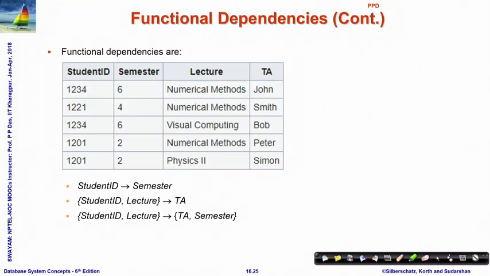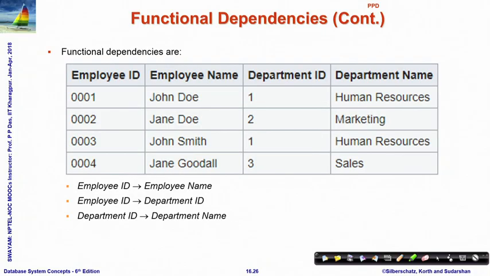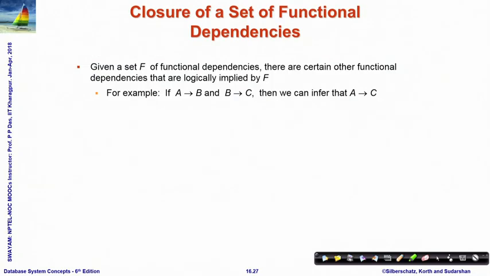And you can see for this particular relation, the student ID and lecture pair also happens to be the candidate key. These are another example. Just go through them, try to convince yourself that these functional dependencies are very genuinely real world situations that can be modeled in this way.